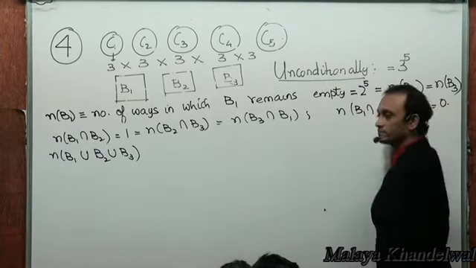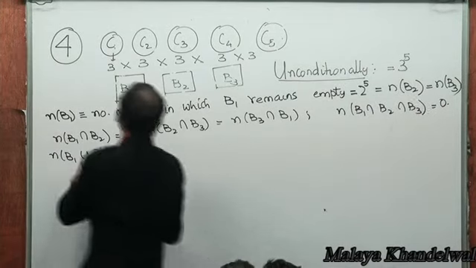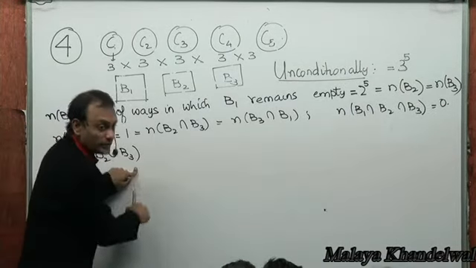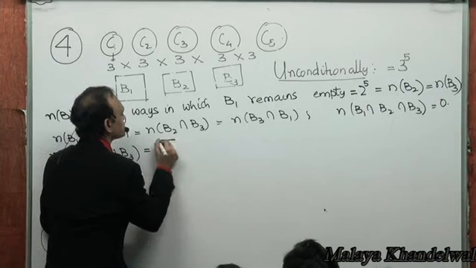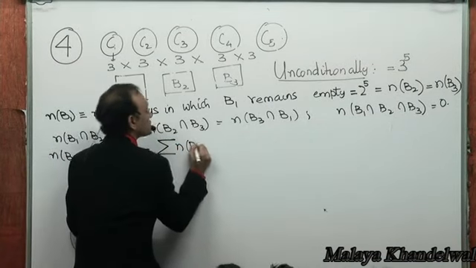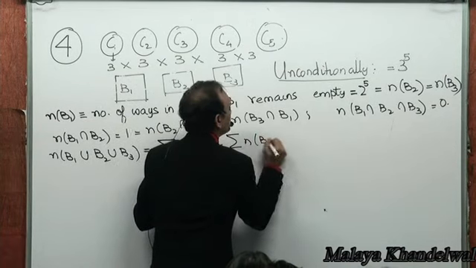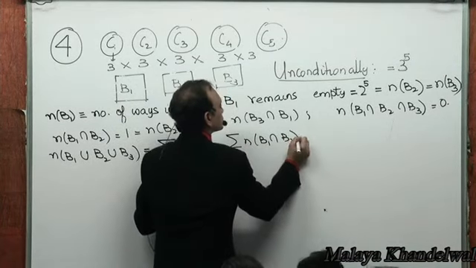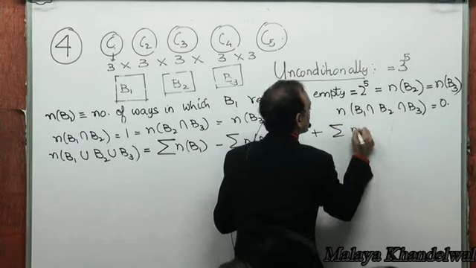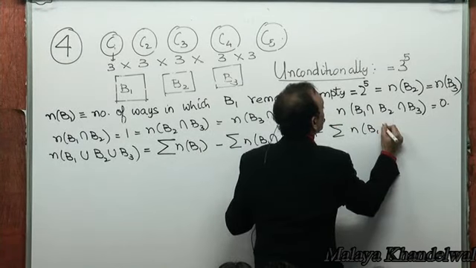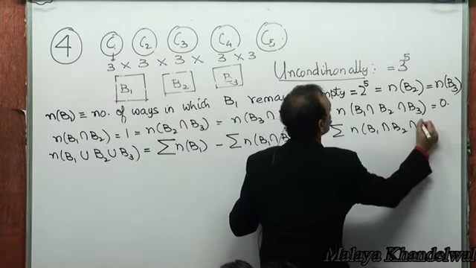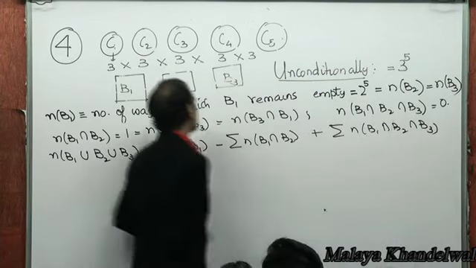That's 0, obviously. Number of ways in which B1 or B2 or B3 remain empty is, from principle of inclusion exclusion, summation n(B1) minus summation n(B1 and B2), plus n(B1 and B2 and B3), which anyways is 0, only one term in the last summation.